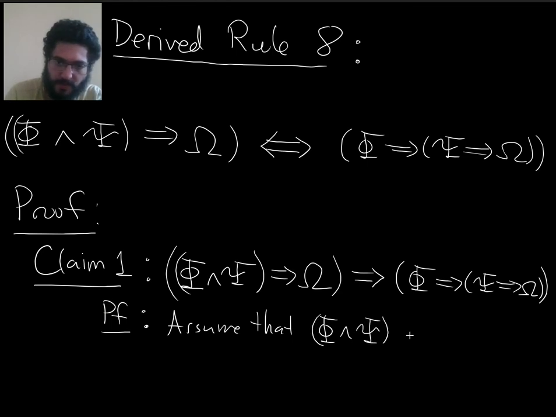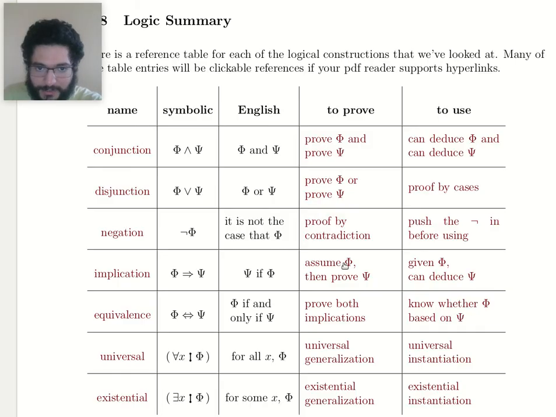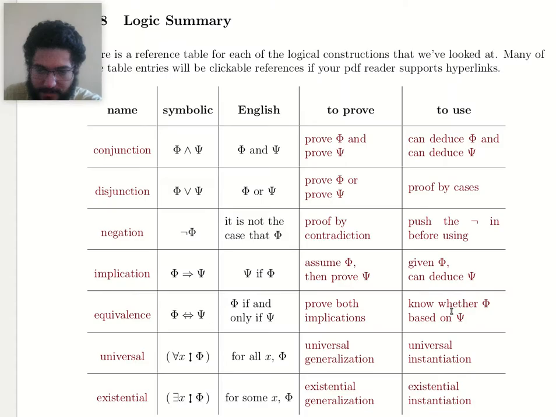So assume that phi and psi implies omega. Now my goal is to prove this. So if my goal is to prove this implication, then what must I do? Same deal. To prove an implication, assume the left side and then try to prove the right side. So I'm going to assume this and then try to prove this.